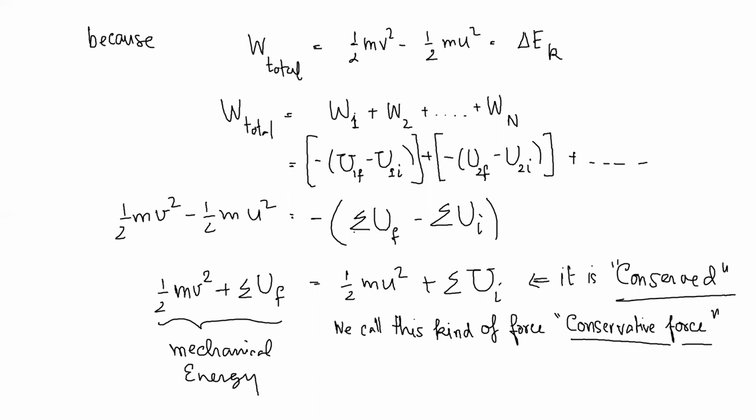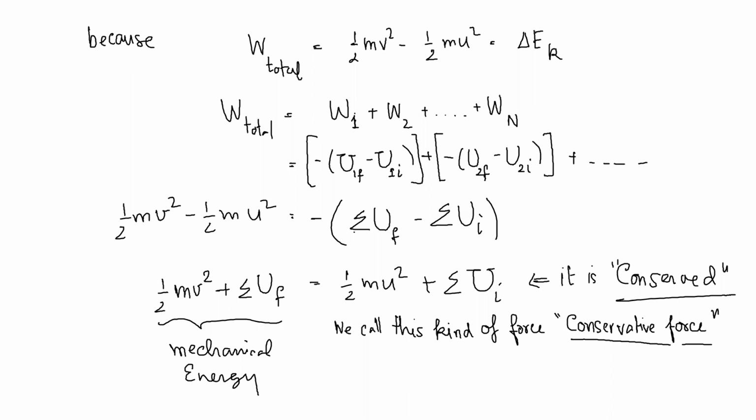And then you write down that the work by force 1 is minus the change in potential energy type 1, and force 2 is minus the change in potential energy type 2. Well, you will end up with the total work by every force on one side being the change in kinetic energy, and on the other side, minus the change in potential energy.